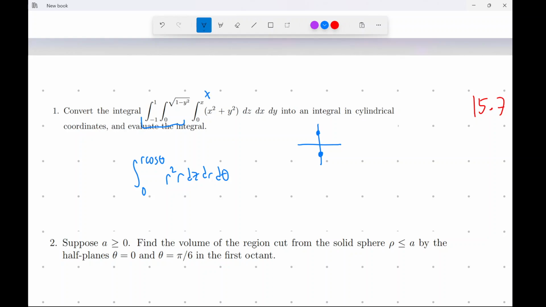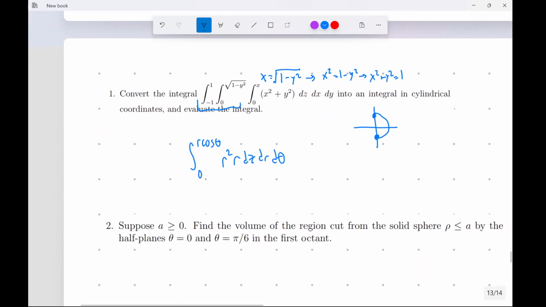Hopefully we've found out by now that if you have something equal to the square root of a constant minus another variable squared, then we can square both sides, put all the variables together, and then we get a circle of radius 1. We only want the right half of the circle because this square root is always positive. So we only want that part of the circle, but we still have a circle. Let me draw that a bit better. Okay, it's radius 1.